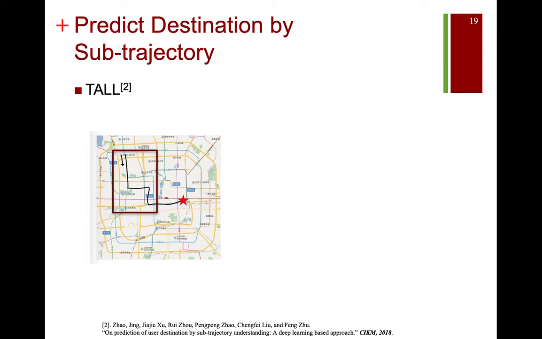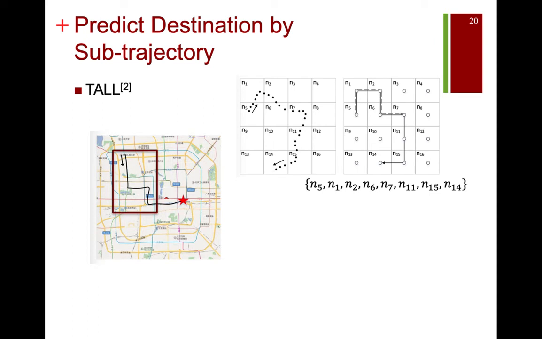So usually we will partition the space into region-based grid cells for the whole road network, and then we model the input and output data at the grid cell level. For example, there is one trajectory moving like this. After partitioning the space into grid cells, we can represent this trajectory as a sequence of grids, like from N5 to N1 and then to N2 and N6.